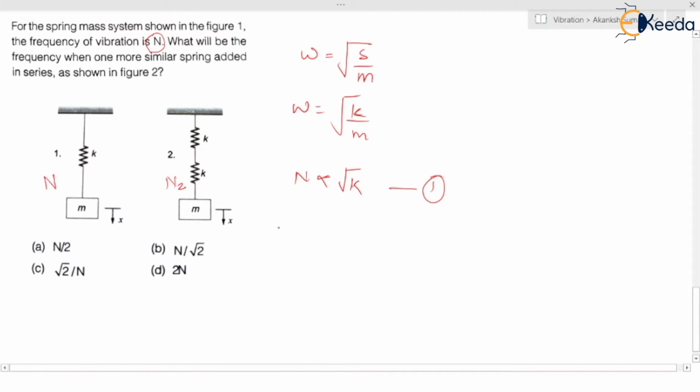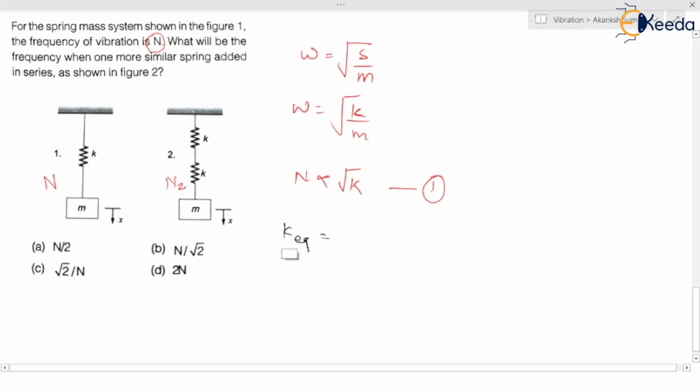In the second figure, we can discuss about the second figure now. So in the second figure, you can see this is a series connection. Series connection means k equivalent would be k plus k, or what?